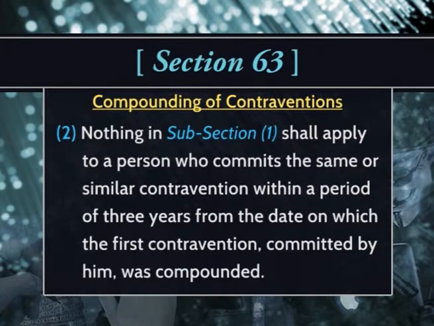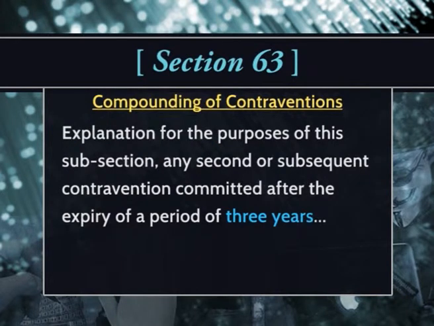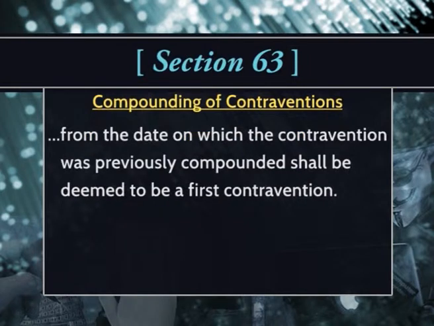Nothing in subsection 1 shall apply to a person who commits the same or similar contravention within the period of 3 years from the date on which the first contravention committed by him was compounded. Explanation: for the purpose of this subsection, any second or subsequent contravention committed after expiry of the period of 3 years from the date on which the contravention was previously compounded shall be deemed to be the first contravention.